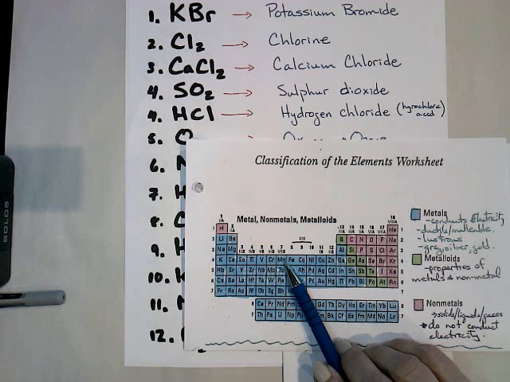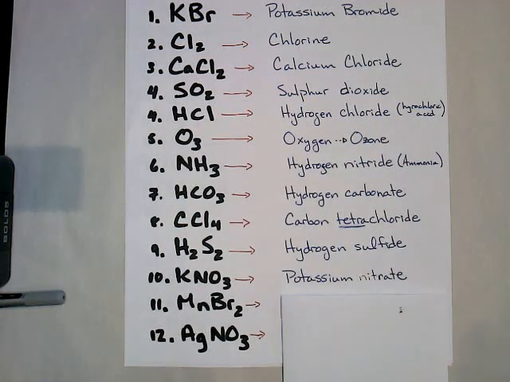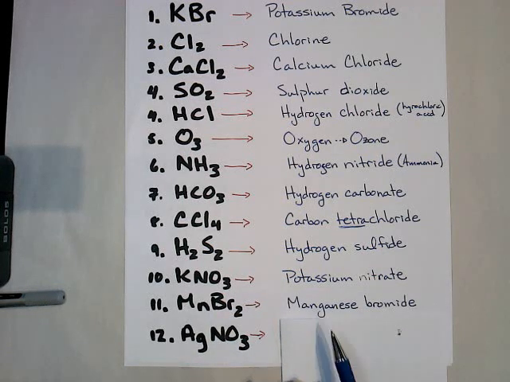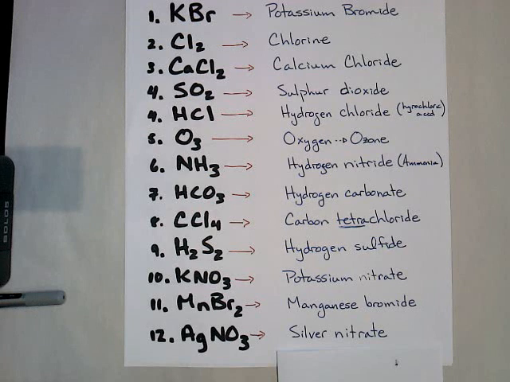It turns out Mn is an element called manganese, so this ends up being manganese bromide. It is a metal and a nonmetal. And then finally, the last one, AgNO3. What would you call that? Think. It would be silver nitrate.